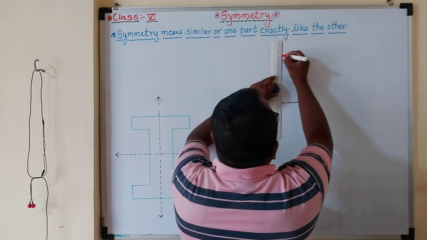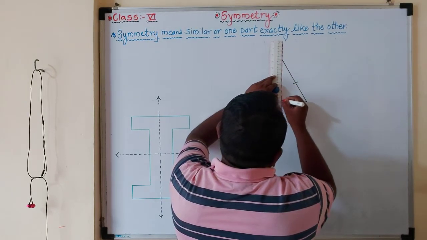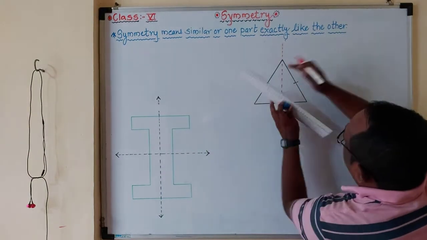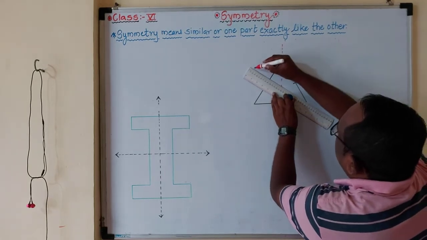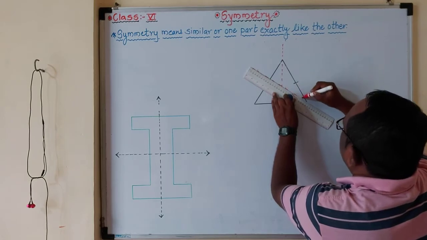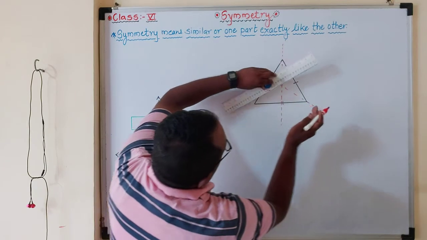I make two equal parts. If I fold from this side like this, there also we get an axis of symmetry, and this way also.